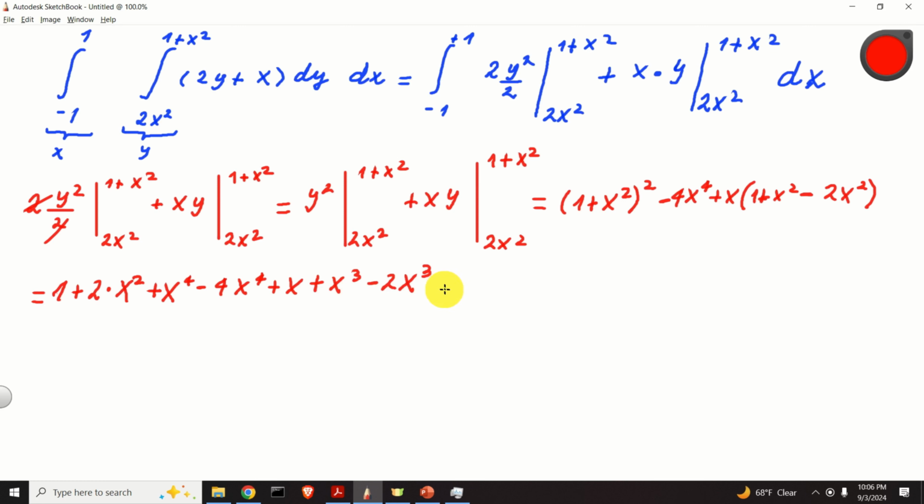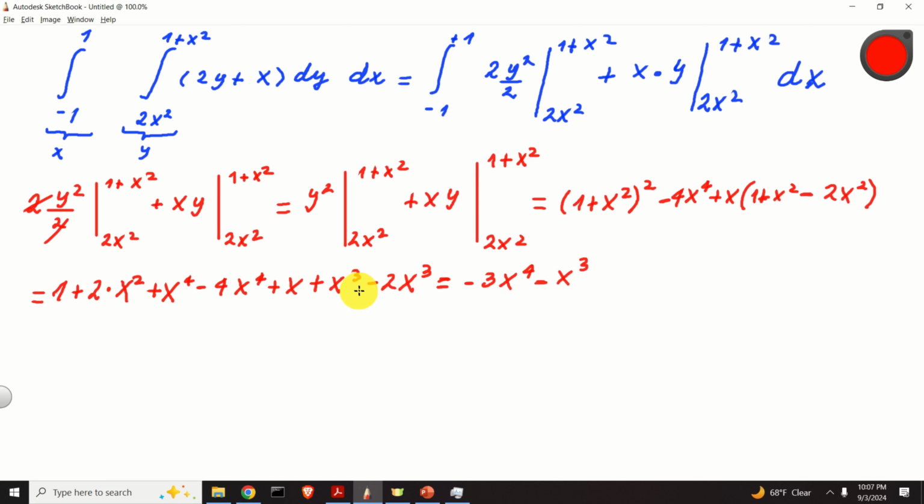And let's group the terms and let's calculate everything. We see over here that we have x to the power 4 minus 4x to the power 4. This becomes minus 3x to the power 4. Then we have x to the power 3 minus 2 multiplying x to the power 3. This becomes minus x to the power 3.